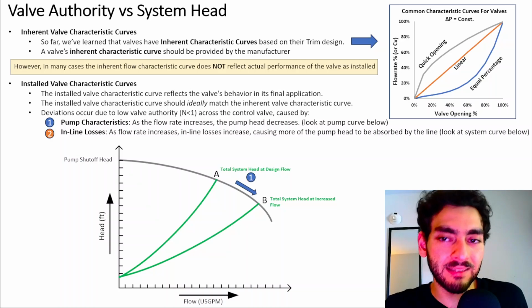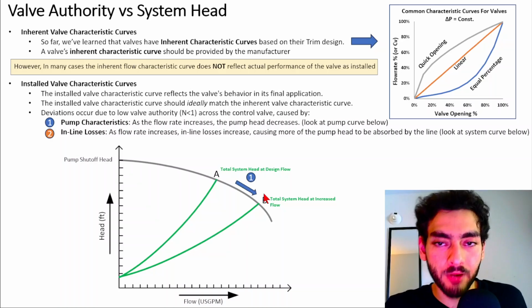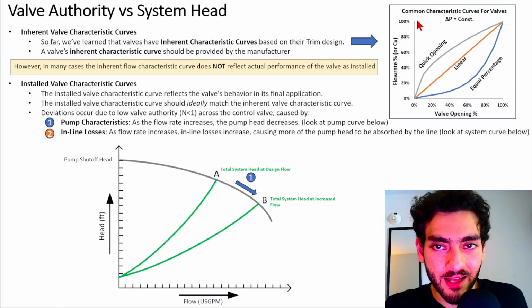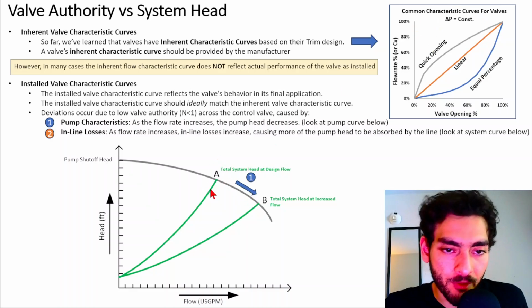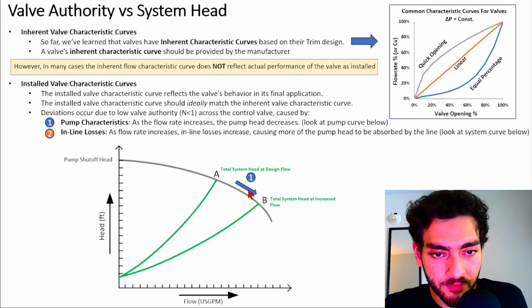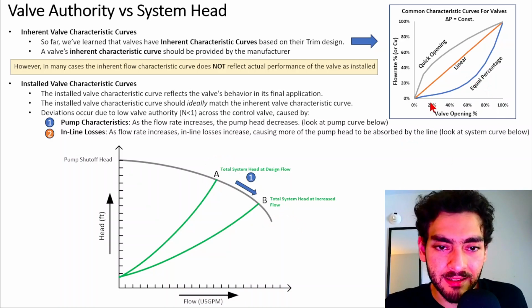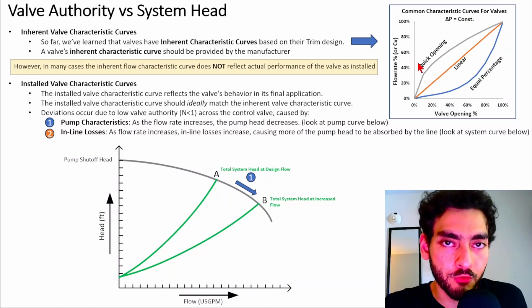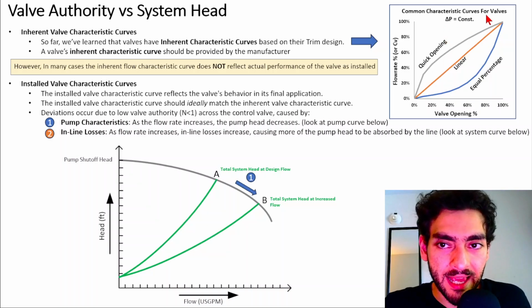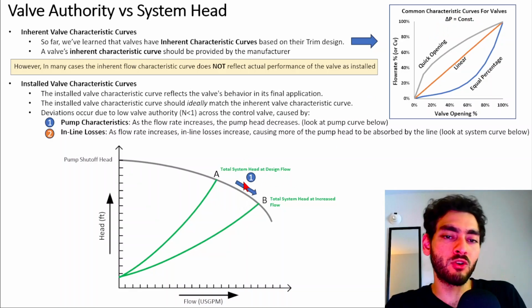And you can immediately see now that the pressure drop across the valve will not be the same from point A and point B. And so with that being said, even though you've manipulated the flow rate, the common characteristic curve chart that the manufacturer provides you is at a constant pressure. But you do not have that in your application.